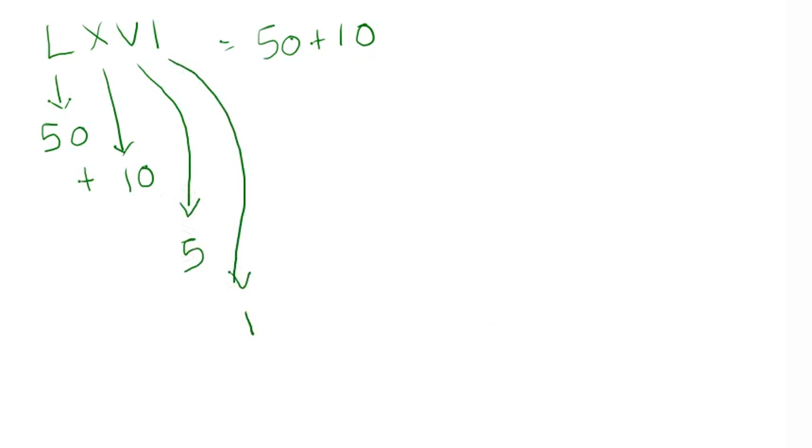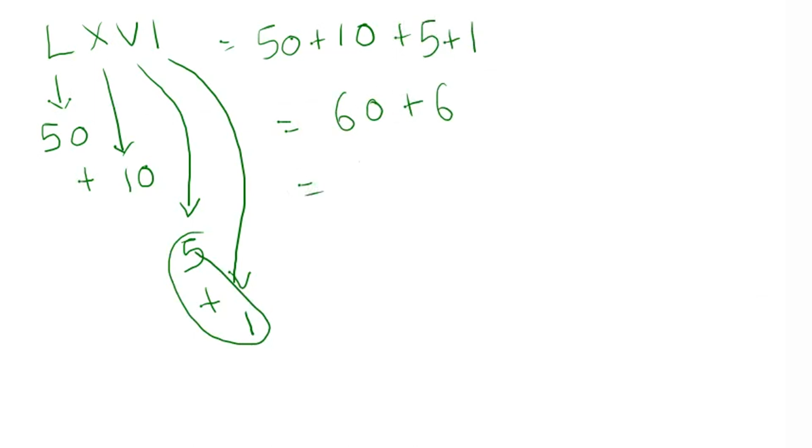Again a greater number followed by a smaller number, which means you will have to add. So it is again 5 plus 1. So 50 plus 10 is 60, and 5 plus 1 is 6. So you've got 66. So the Roman number LXVI represents the Hindu-Arabic number 66.